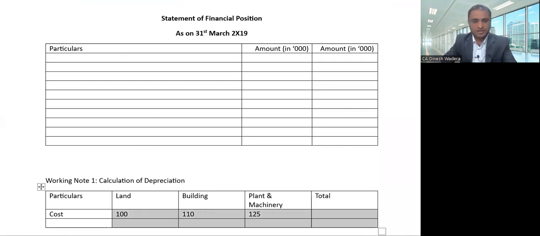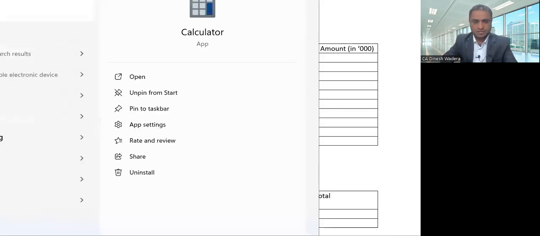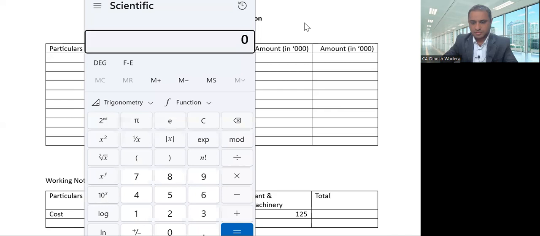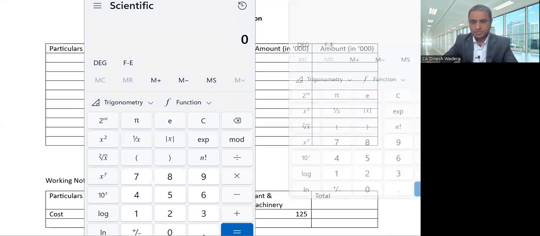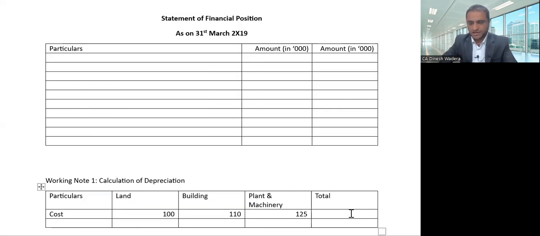So now also make a total of it. You keep your calculator handy. One hundred plus 110 plus 125, which comes to 335. Yeah, sorry, 335.